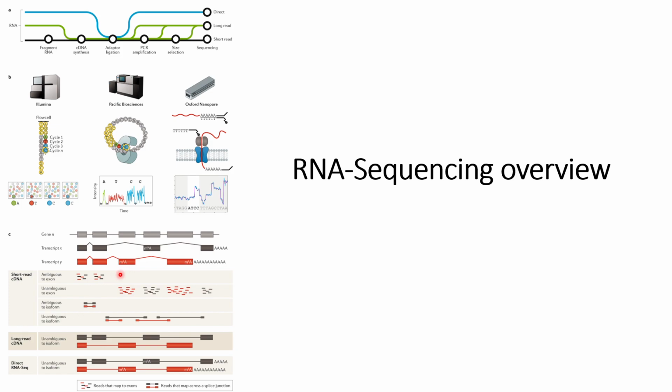The reason these are unambiguous exons is that they are present in only one transcript, whereas in this case it is difficult to identify which exon belongs to which transcript.